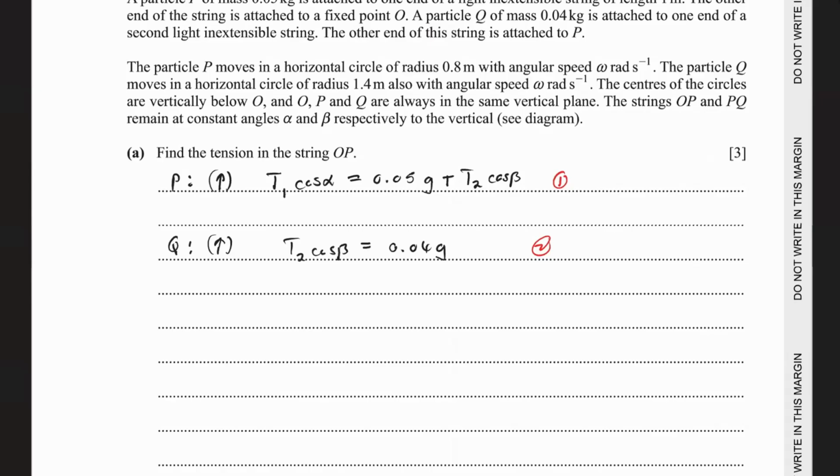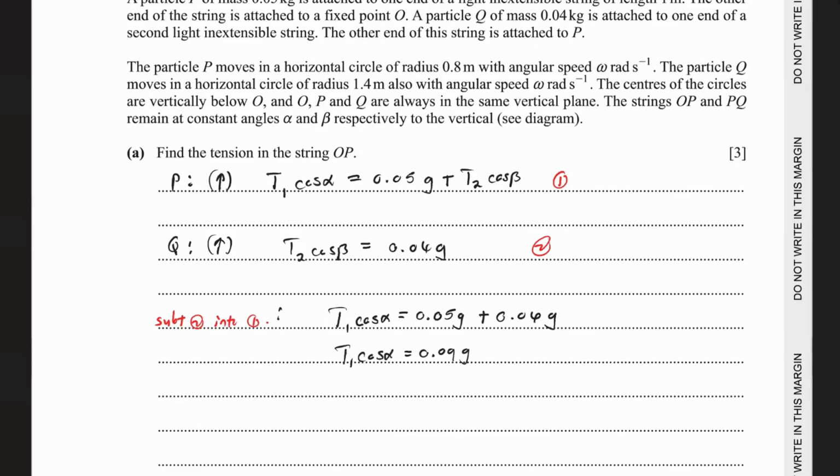I'm just going to substitute what's in equation 2 into equation 1. So when we write equation 1, it's T1 cos alpha is equal to 0.05 G plus T2 cos beta, which is 0.04 G.